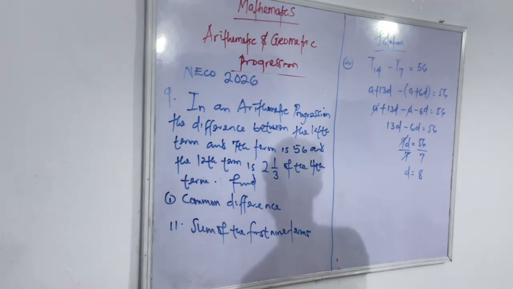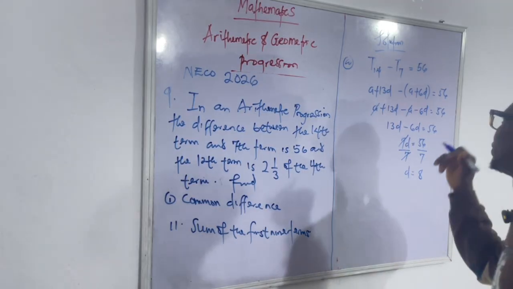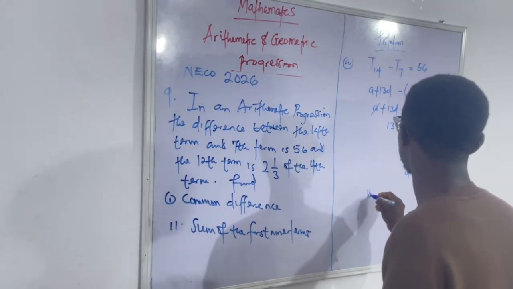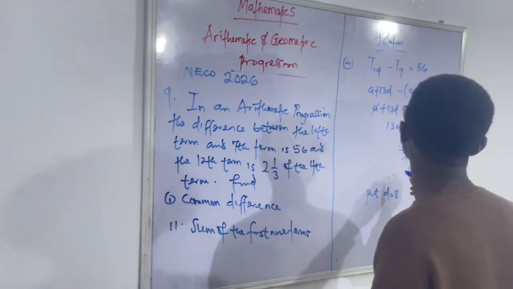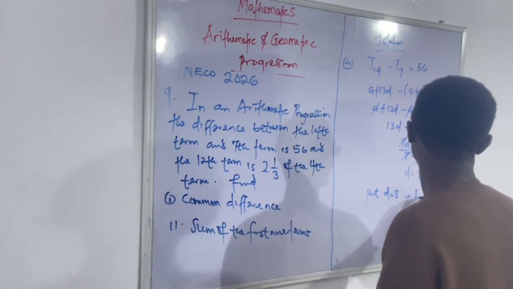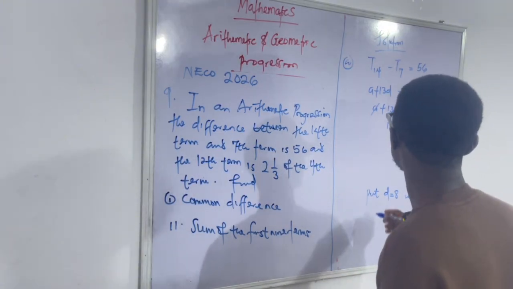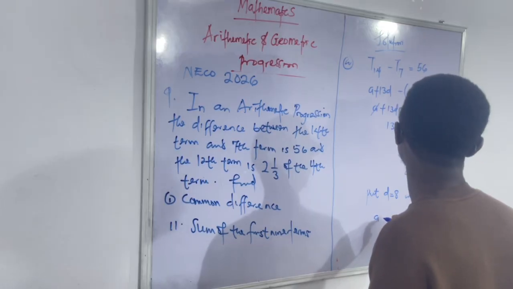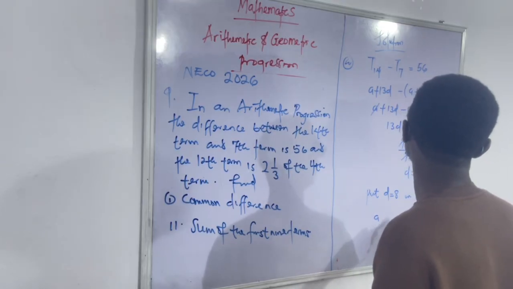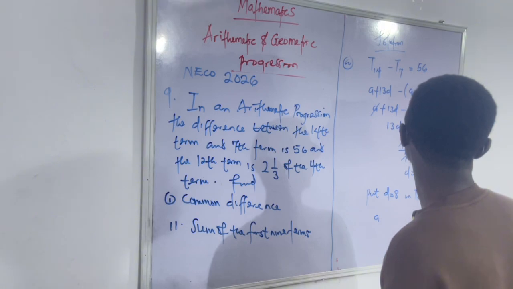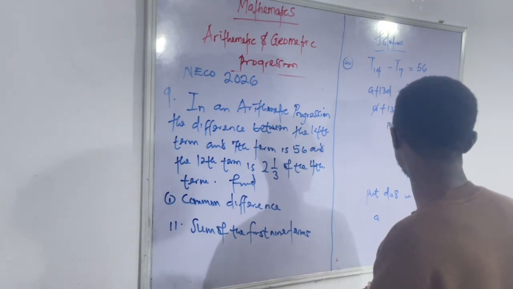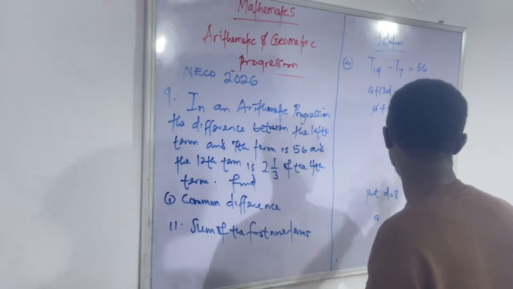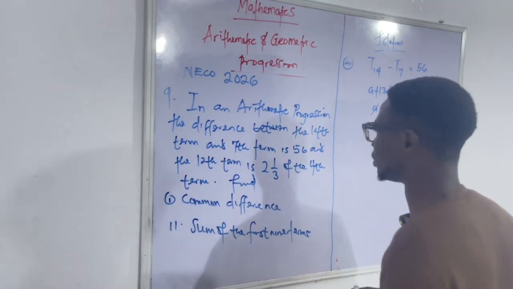Is 56. Now, we don't know our first term. So we can substitute D equals 8 in term 14. So that's what? A plus D. Are we together? So yeah, we can get it that way, but we don't need to rush things.